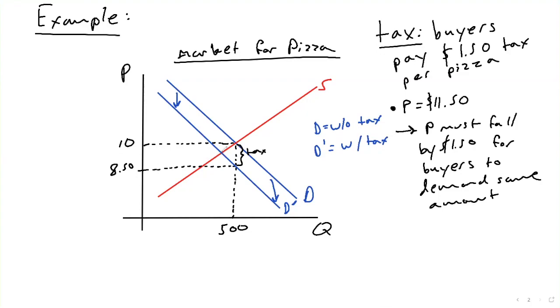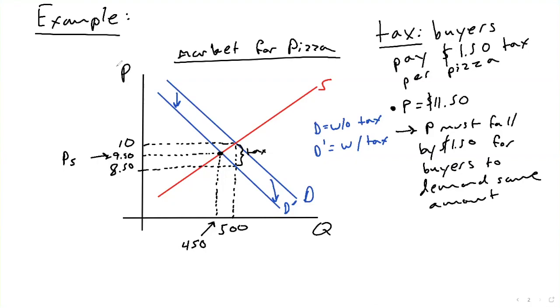So we now have a new intersection of supply and demand, which is this value. And let's say that corresponds to a quantity demanded of 450. And this new price is about $9.50. And this $9.50 price, this is the price that the seller receives.